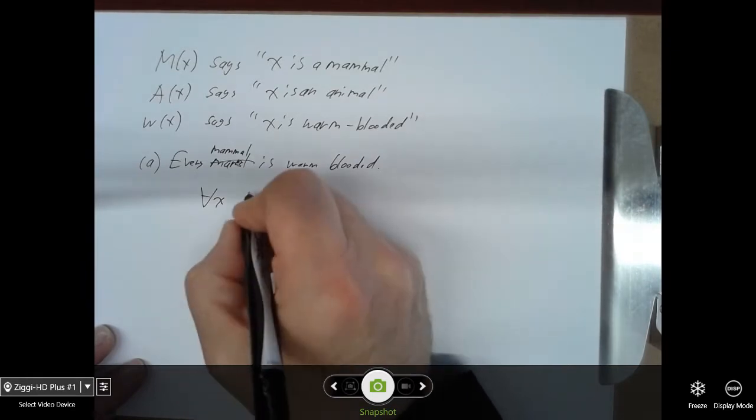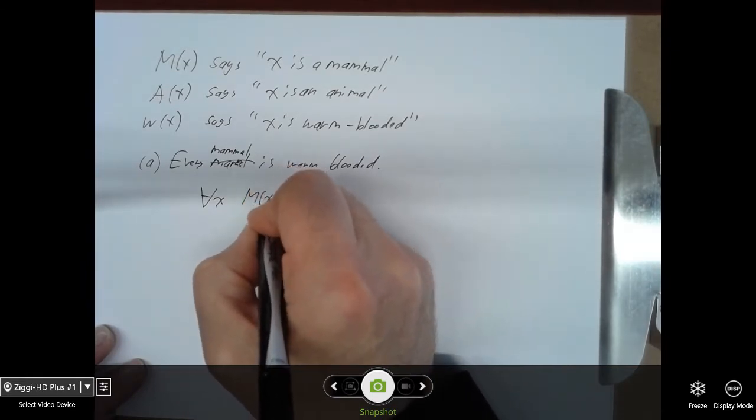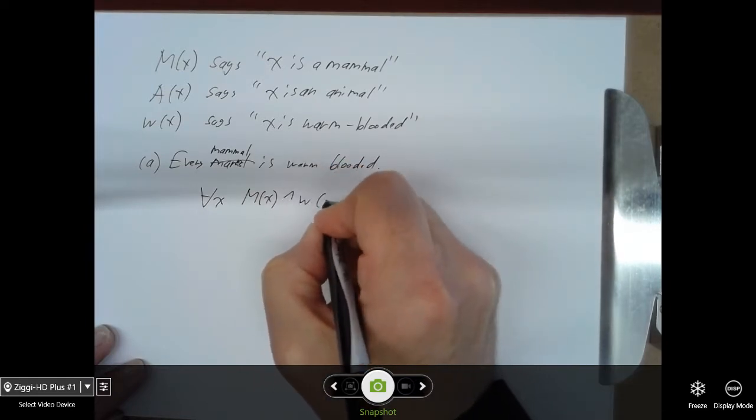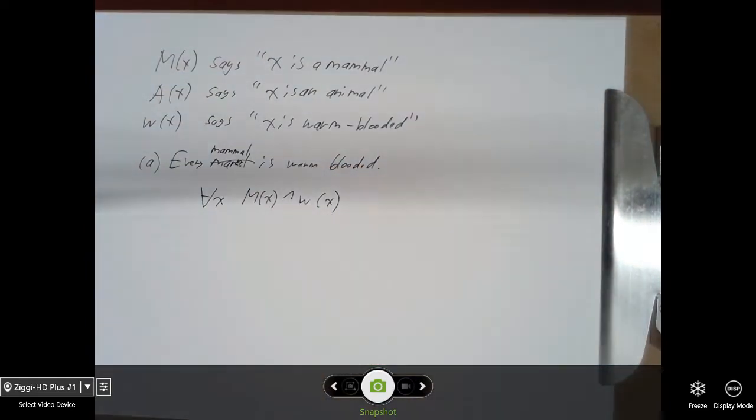M of X and W of X. Close. So this literally says for every X, X is a mammal and X is warm-blooded. So what if X is my goldfish, right?